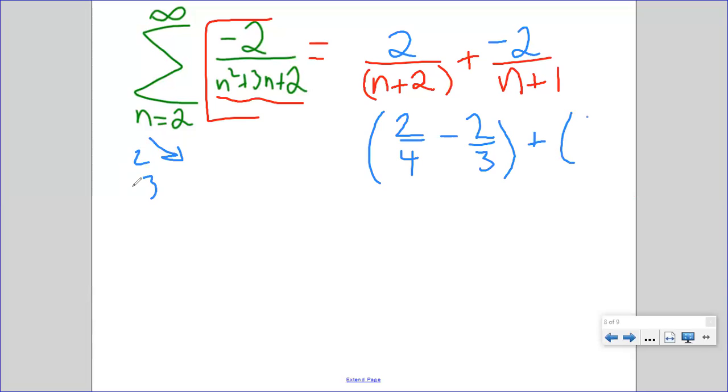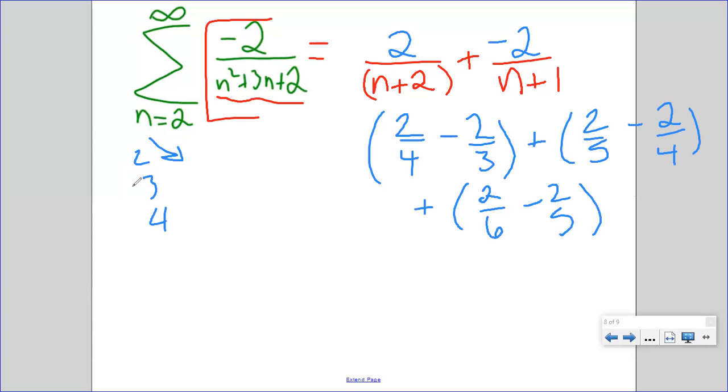Plus, that would be 2/5 minus 2/4. Plus, let's do 4 now. 2/6 minus 2/5. What do we notice is happening here?